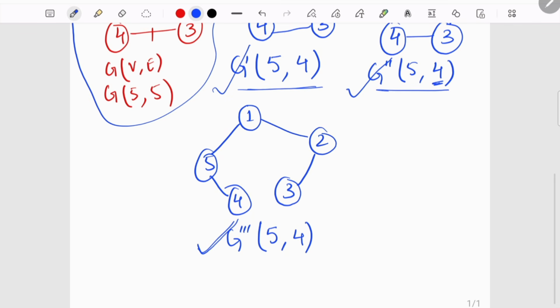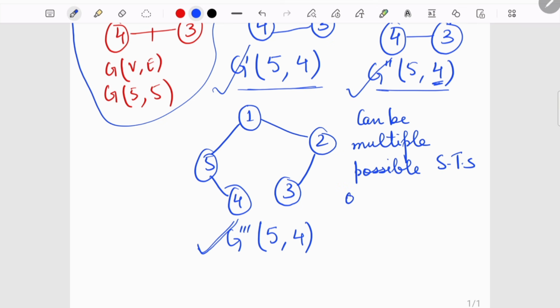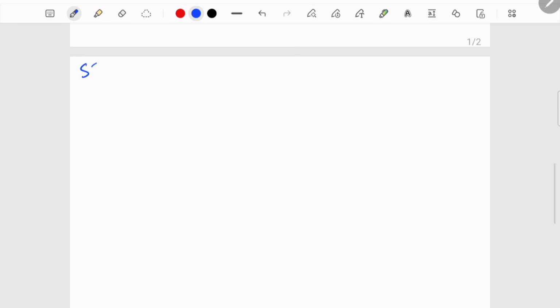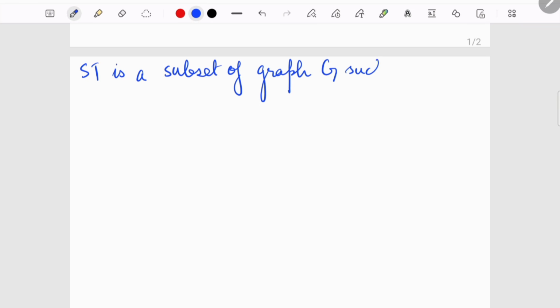So from this we can say that there can be multiple possible spanning trees of the same graph G. In other words, we can simply say that a spanning tree is a subset of any graph G such that all the vertices are connected using the minimum number of edges.